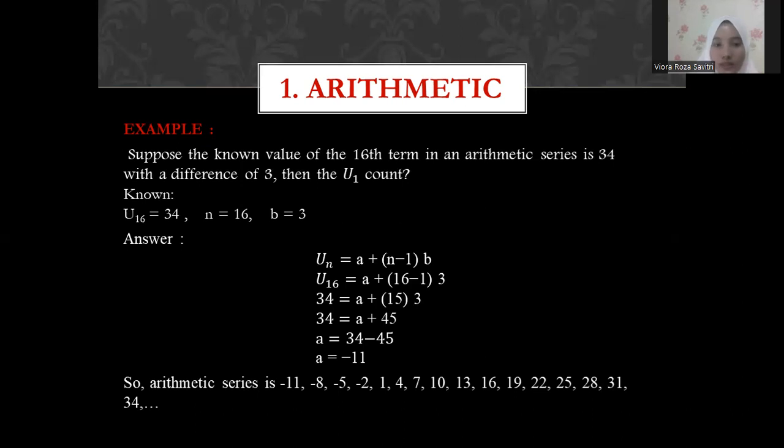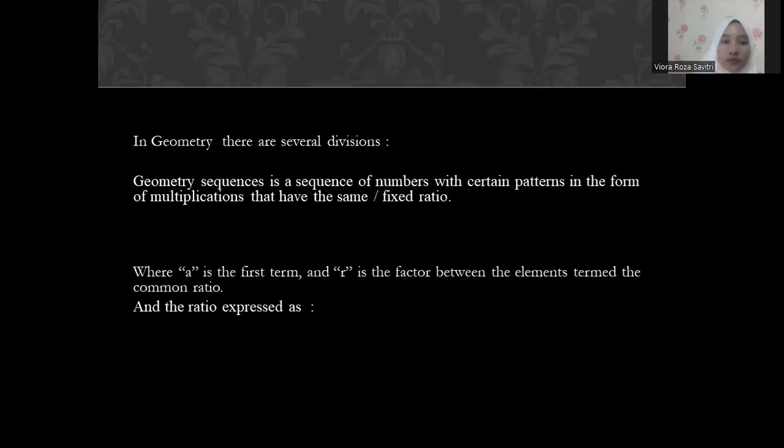So the arithmetic series is minus 11, minus 8, minus 5, minus 2, 1, 4, 7, 10, 13, 16, 19, 22, 25, 28, 31, and 34.